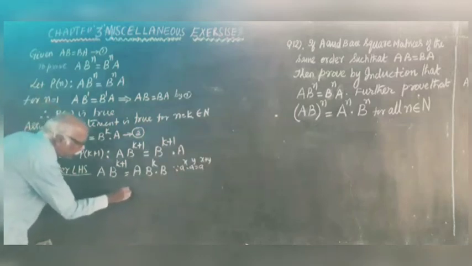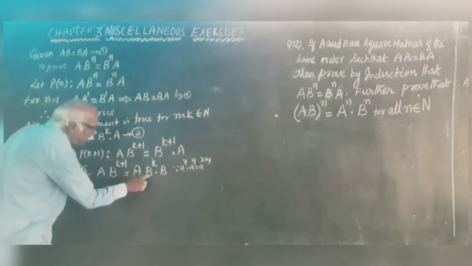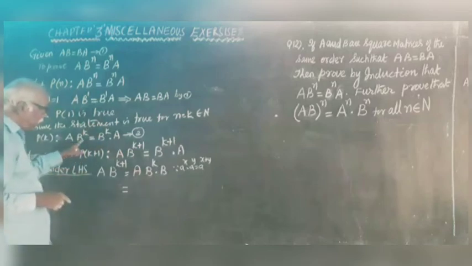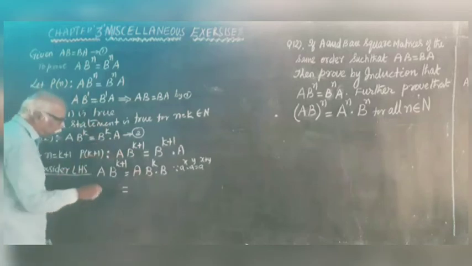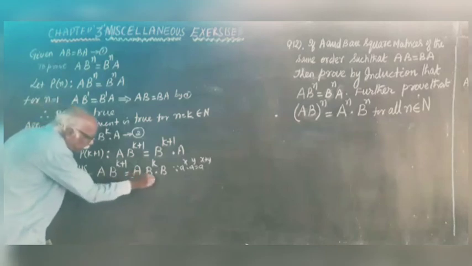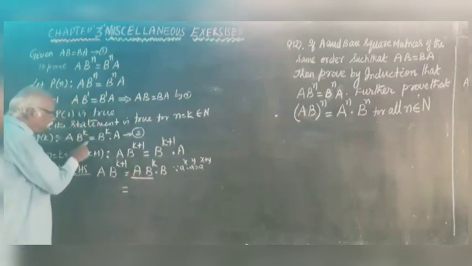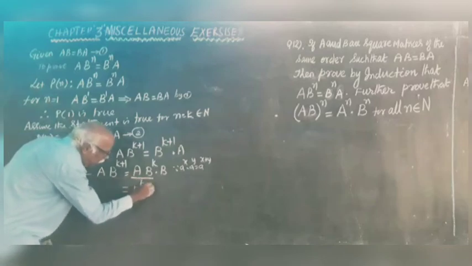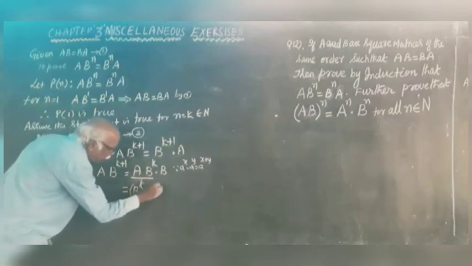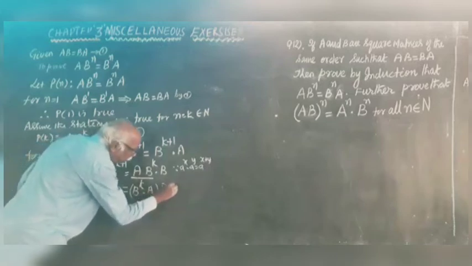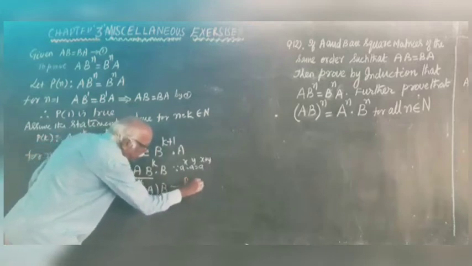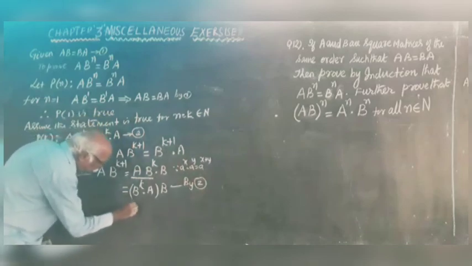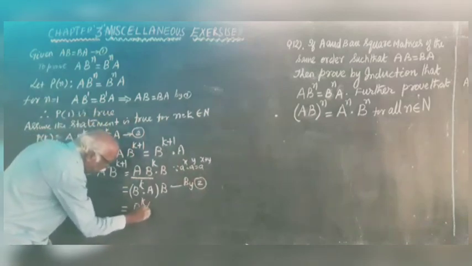Then A into B power k. In place of A into B power k, I can write B power k into A. B power k into A into B, by equation number 2, is equal to B power k into AB.